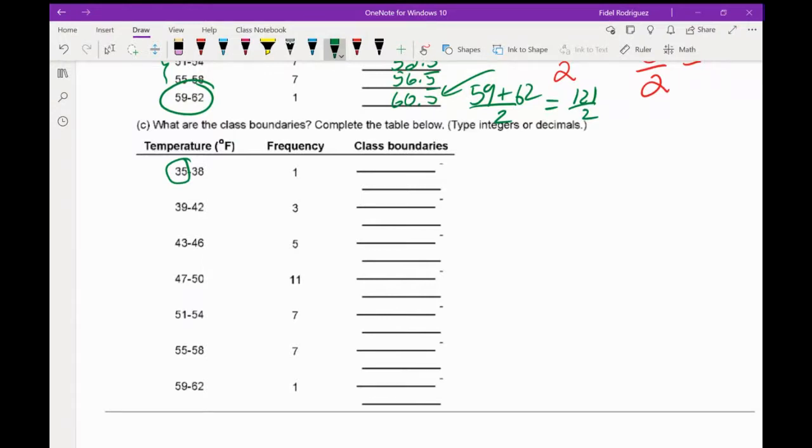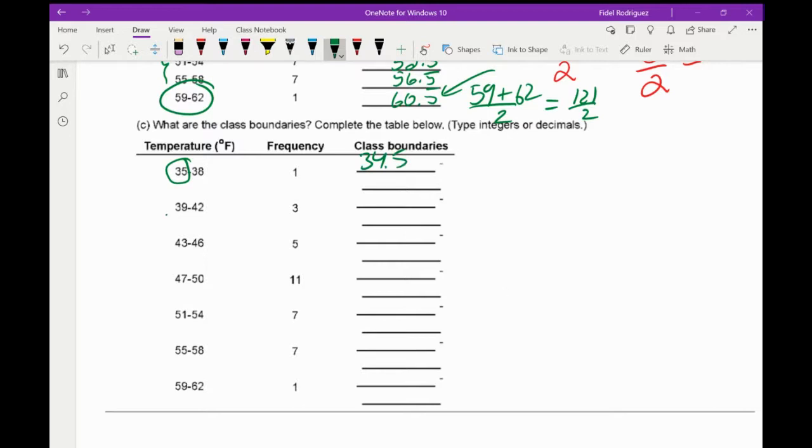If I had $35 and I lent you 50 cents, how much money do I have now? Anybody know? If I had $35 and I lent you 50 cents, how much money am I left with? 34.5. There you go. You got it.